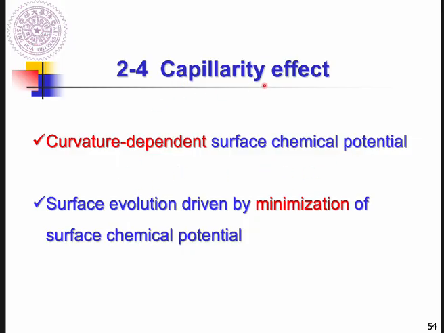This is what we call the capillarity effect. The purpose here is also that the system always moves to minimize the total free energy of the system. So the surface evolution is driven by minimization of surface chemical potential.